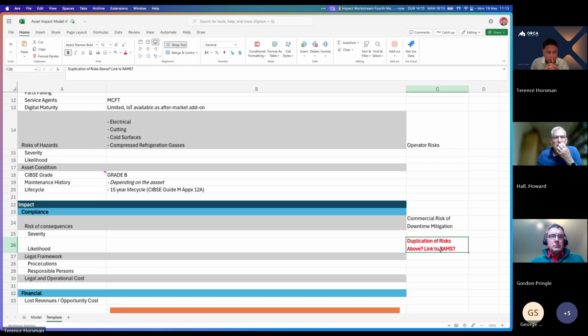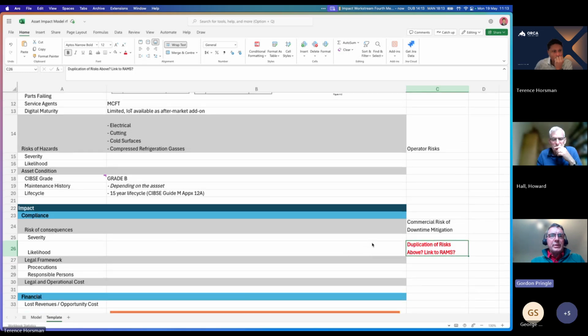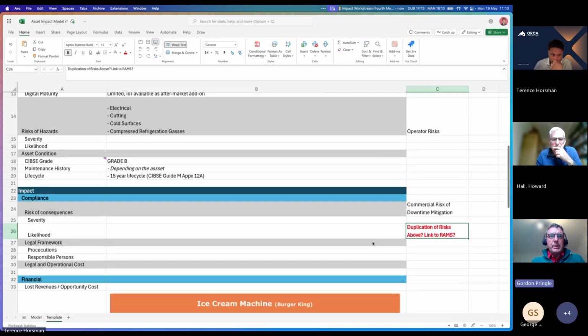So, Gordon, you were saying it's the risk of downtime, or risk of business impact. Yeah, that was just my thought process when we came on to that second sphere of risk, that the impact they're thinking about is a business impact rather than a health and safety impact from the appliance as such.